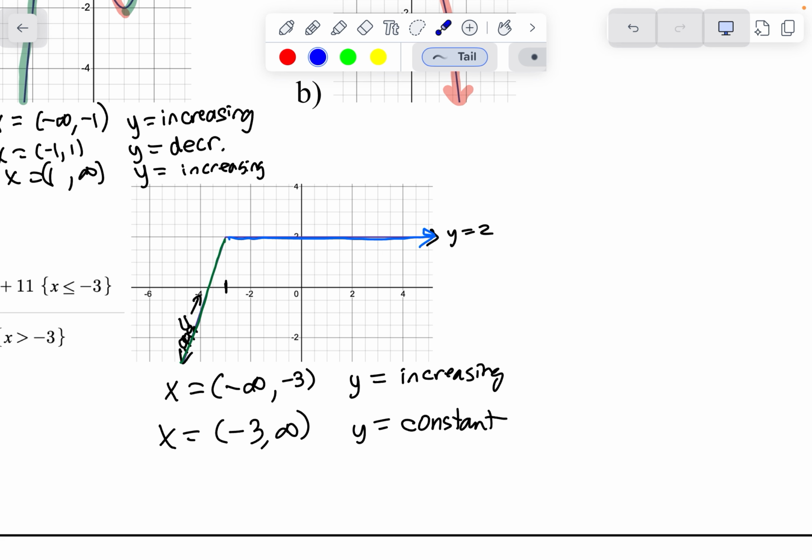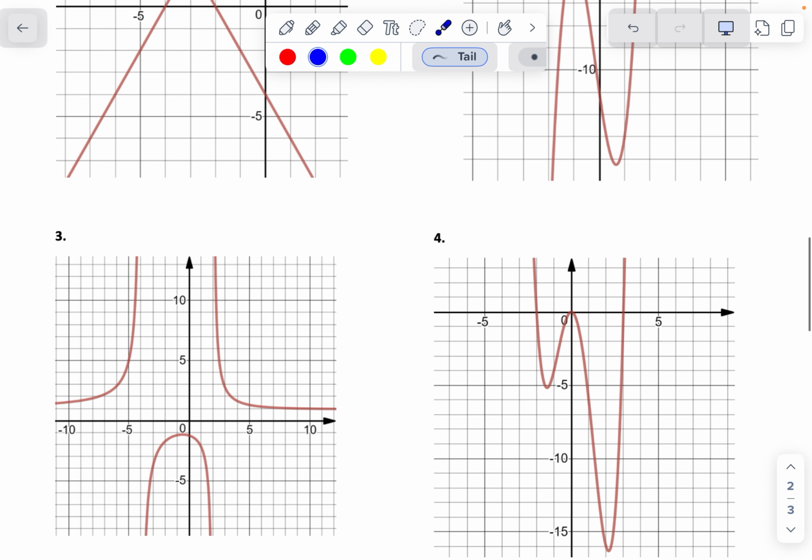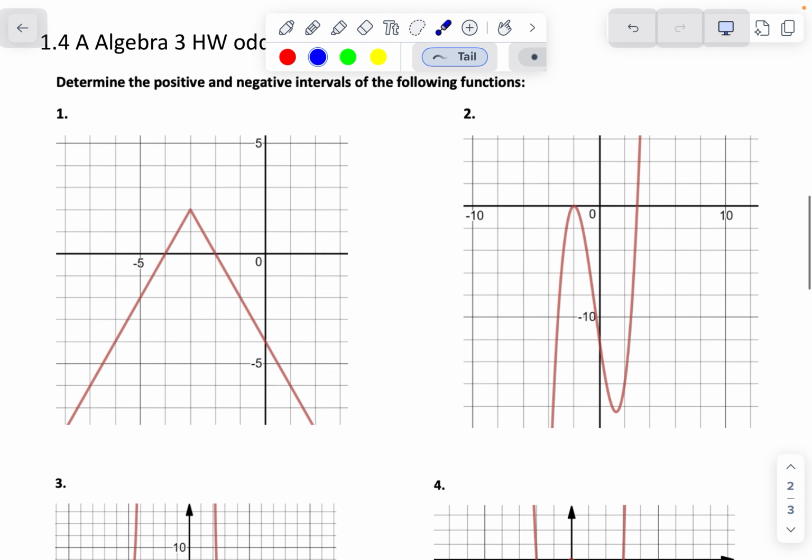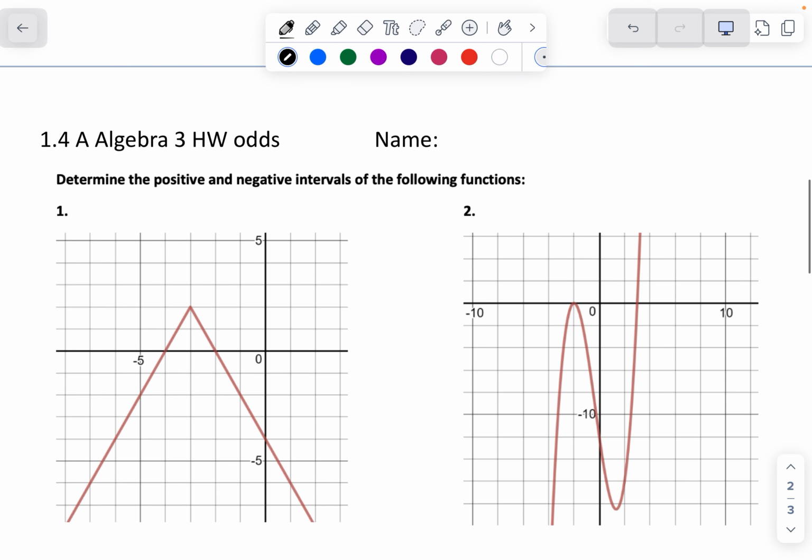Okay, so you're just breaking down the graph from left to right, okay? So your homework, you are just doing that. You're giving me the intervals, and their instructions are pretty crappy, so let me show you. Let's write a different instruction. I want you to determine the intervals. That's not the way it's spelled.